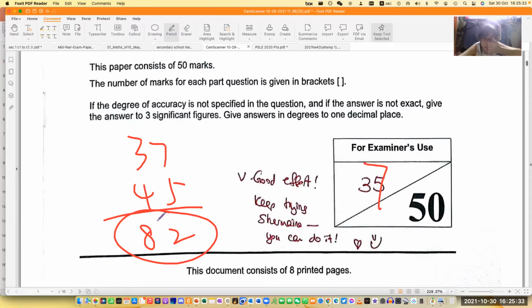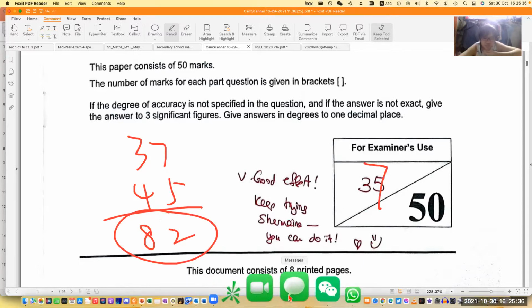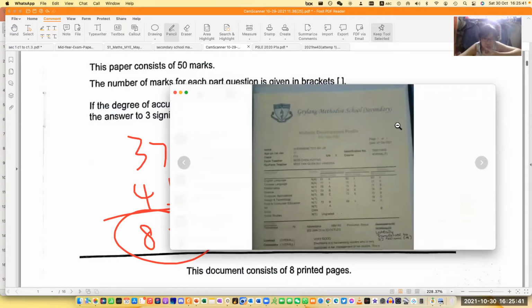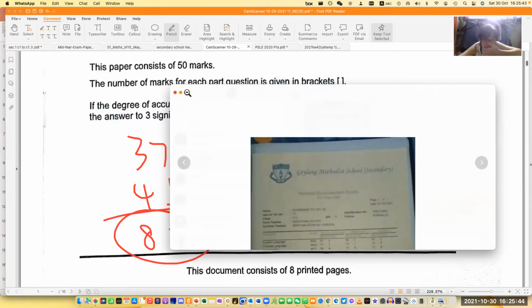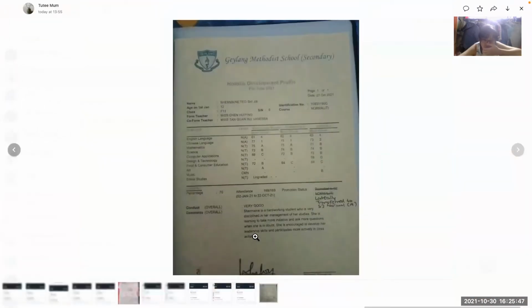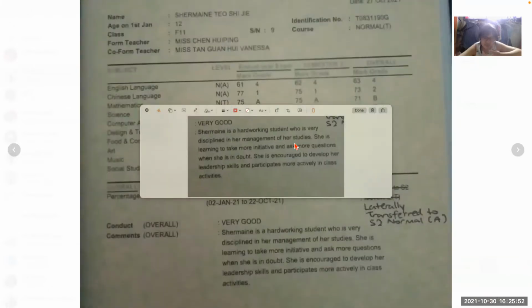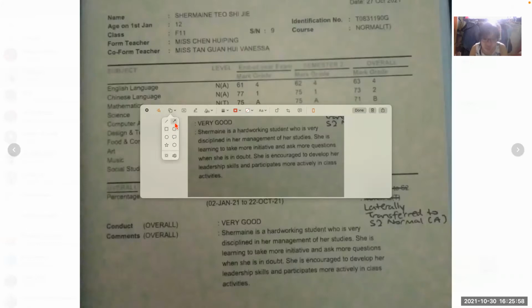Okay or not? Yeah. And by the way, I read your report, something I think is quite encouraging. I particularly like this one. Take more initiative.